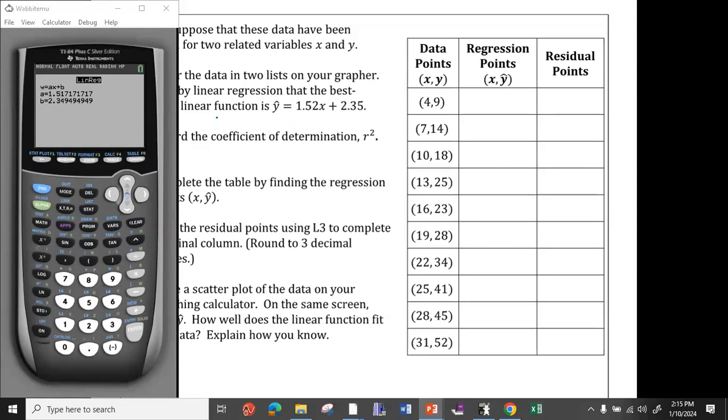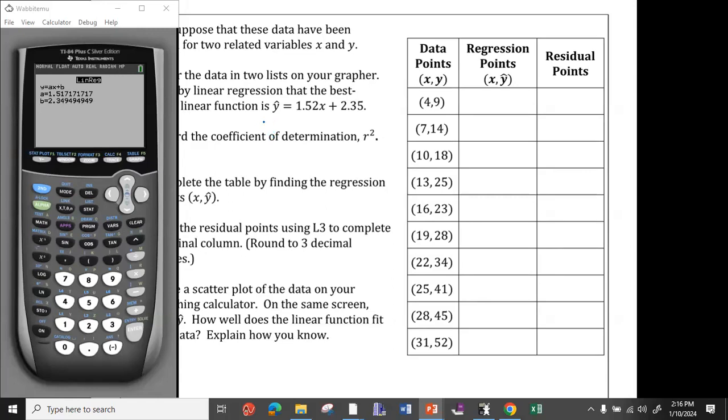They rounded their regression model to 2 decimal places, but when I was in calculus it was 3. So I'm going to stick to practicing with 3. Go to L3. That's what we're about to do.